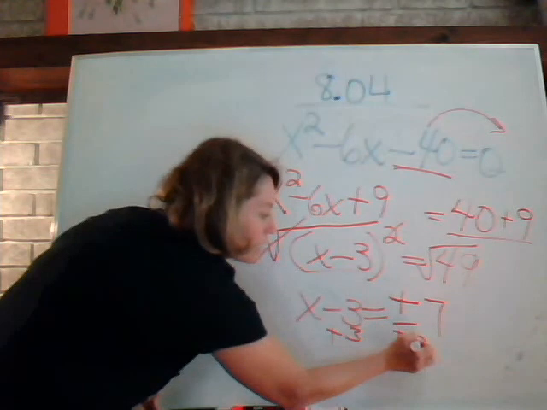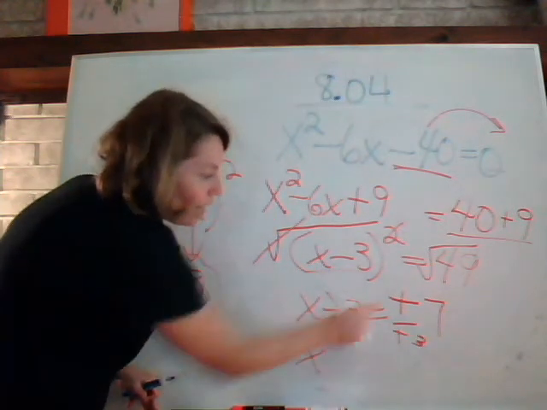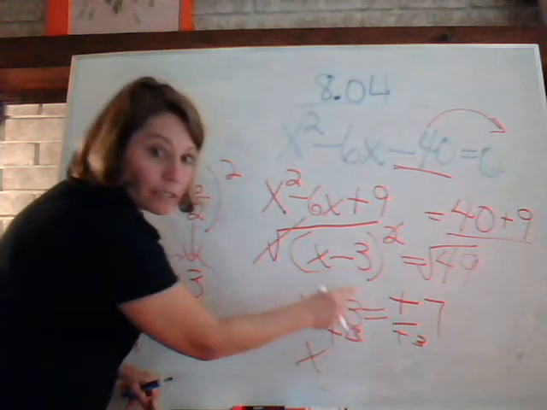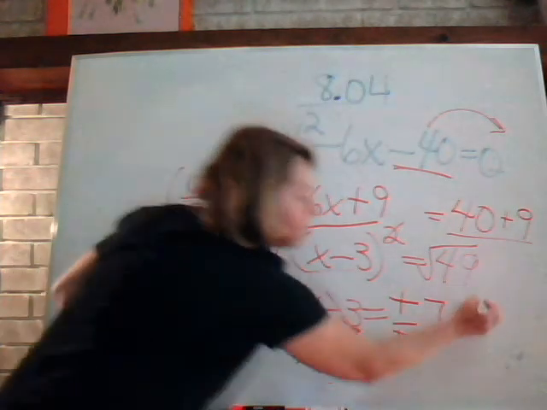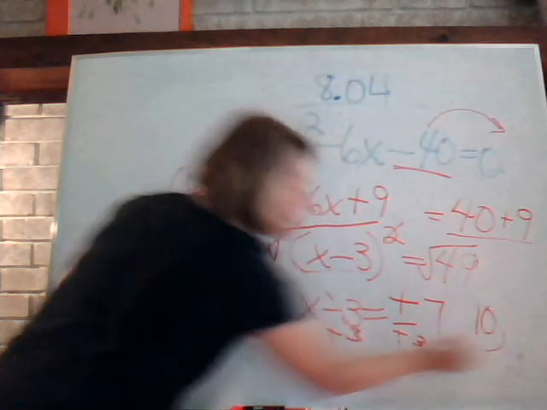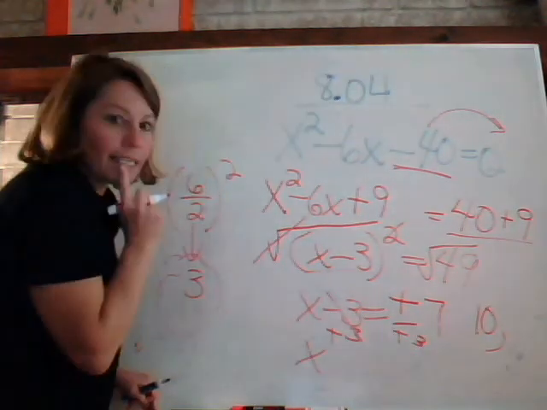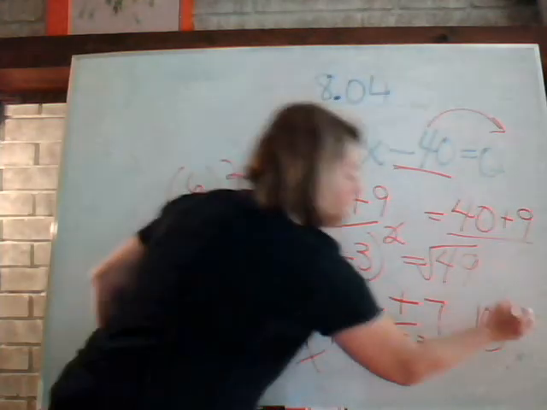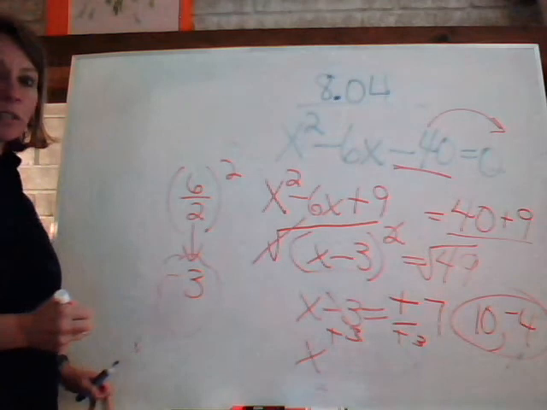I'm going to add 3 to this side. But, oh, be careful. Over here, I've got 2 possible answers. Positive 7 plus 3. That means one of my answers is 10. Negative 7 plus 3, negative 4. And those are my 2 solutions.